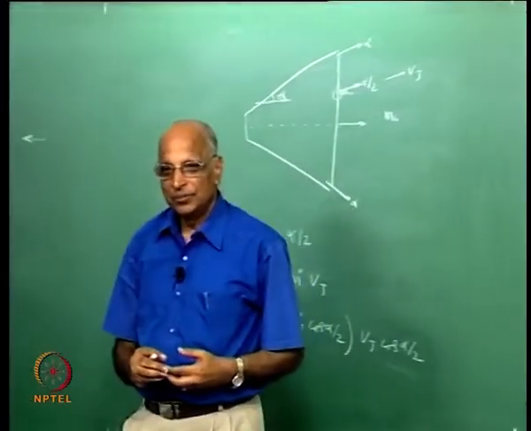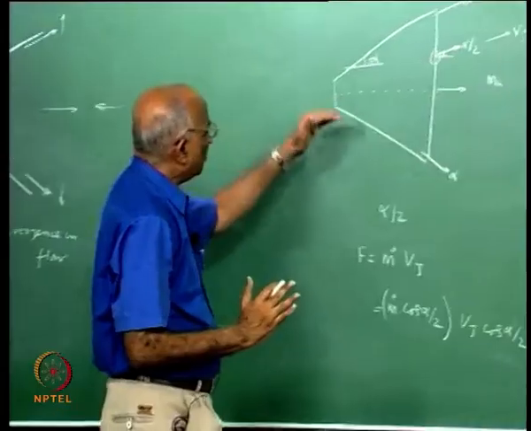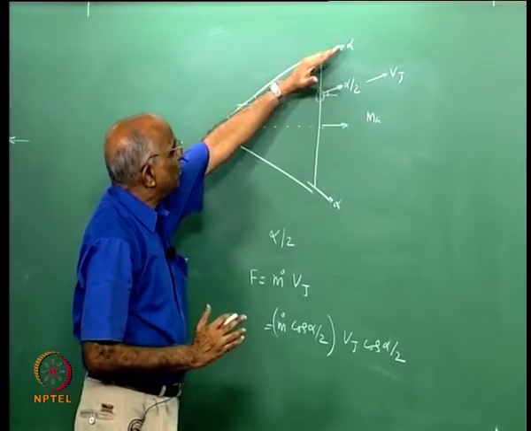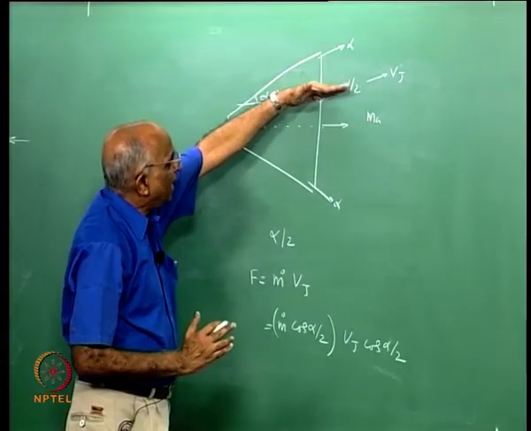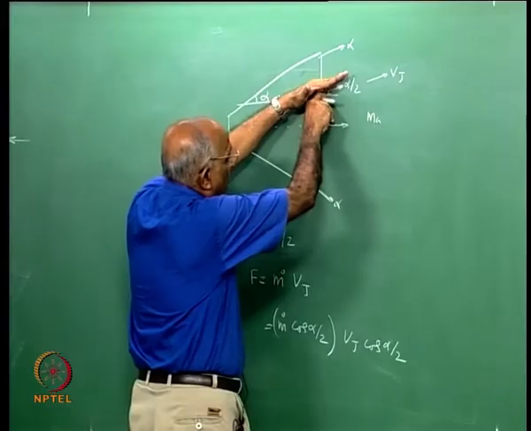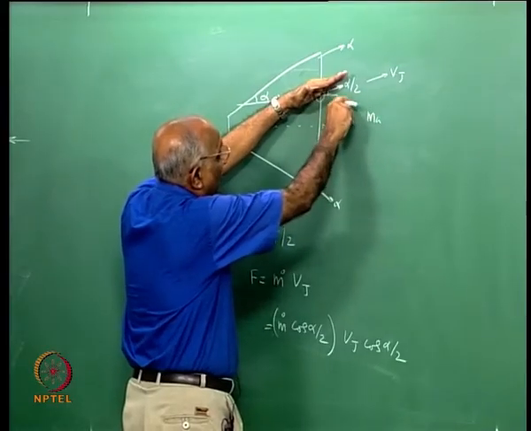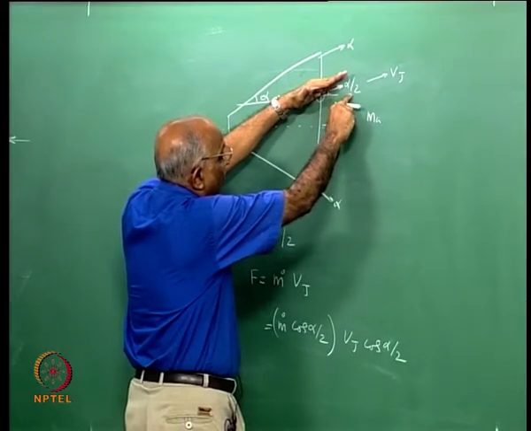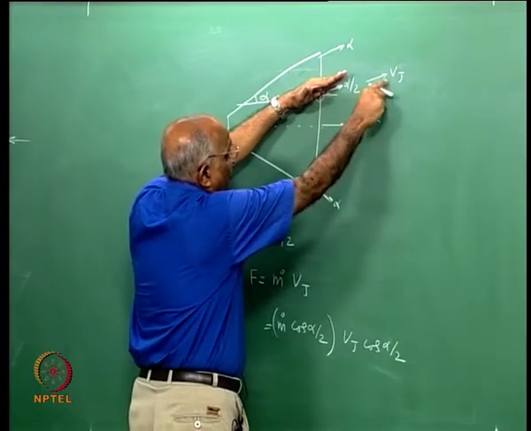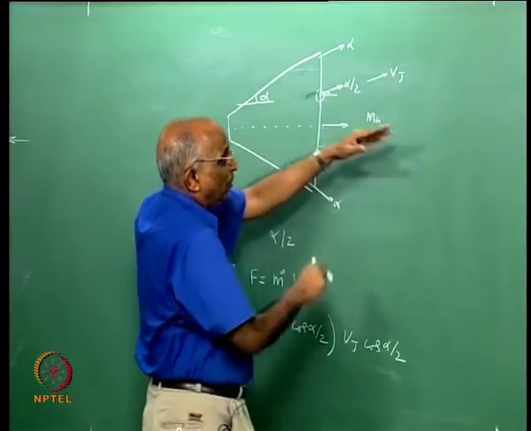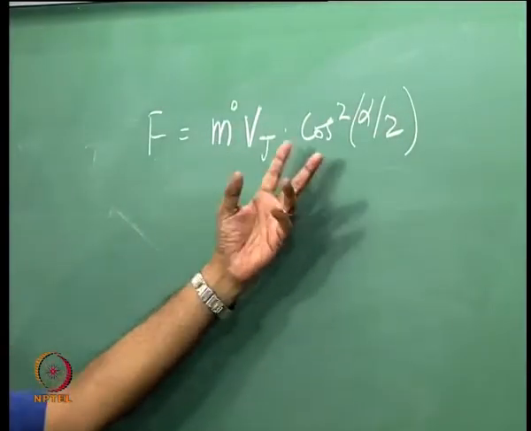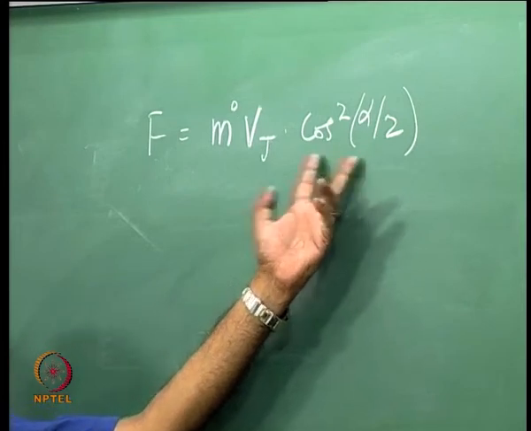All we said was the flow is not all axial; the flow towards the wall is at alpha, on an average the flow is at alpha by 2, and therefore the mass component along the axis is m dot into cos alpha by 2, the average axial velocity is Vj cos alpha by 2, therefore the product of m dot cos alpha by 2 and Vj cos alpha by 2 gives me cos squared alpha by 2.